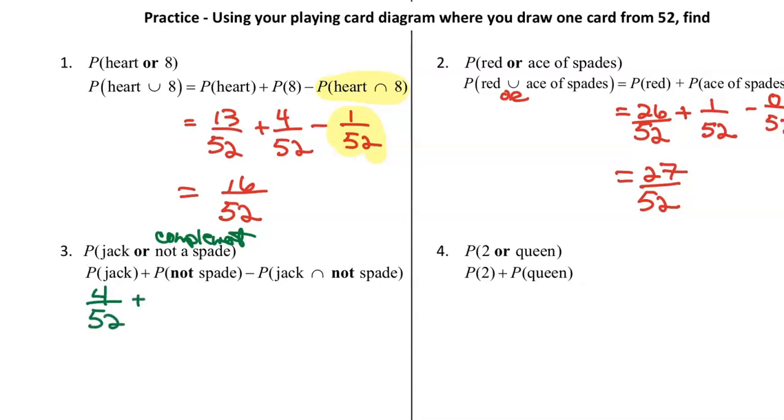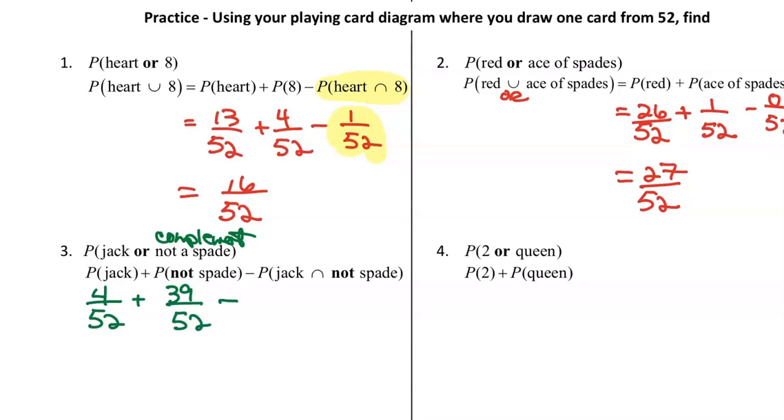Plus the probability of not a spade. There are 13 over 52 spades, so not a spade has to be 39 over 52.